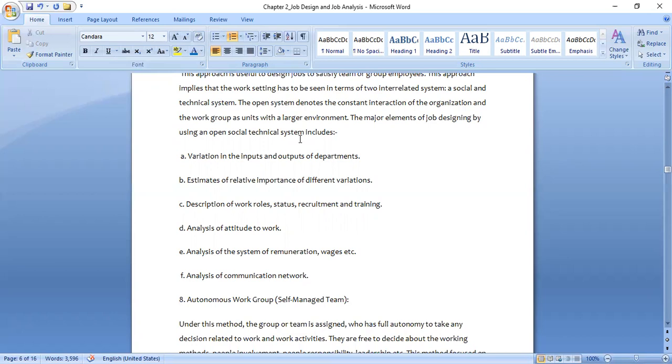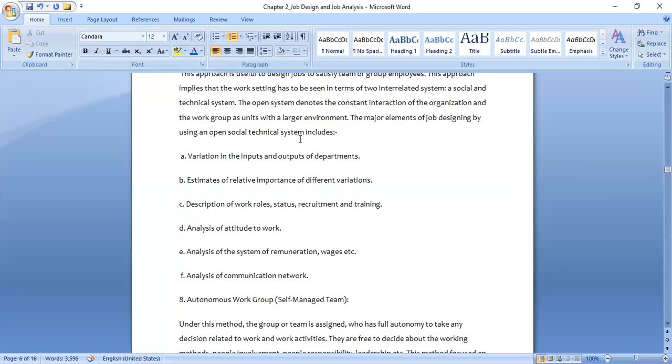And as you're making this job design, you have to estimate the relative importance of different variation. And then also you have to describe the work roles, status, recruitment and training that are going to be done for these teams for each department.